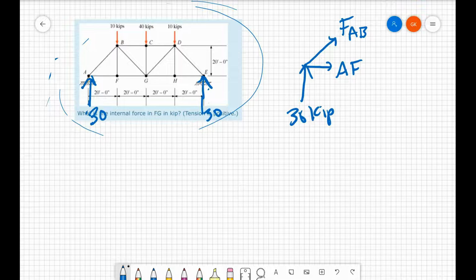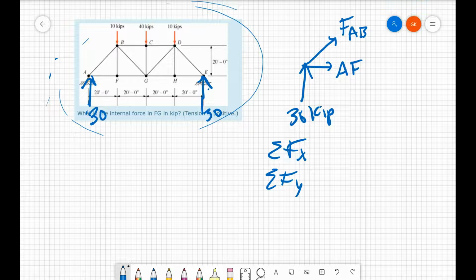With the method of joints, whenever you're looking at just a point, with no size, we only get 2 equations: the sum of the forces in the X and the sum of the forces in the Y. These are the only 2 equations you get to use.